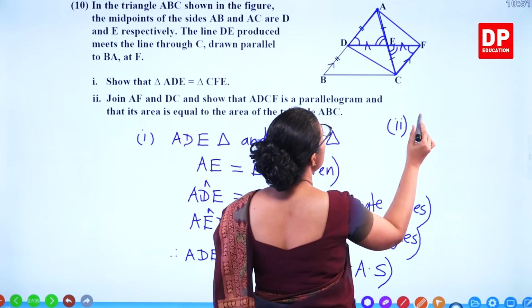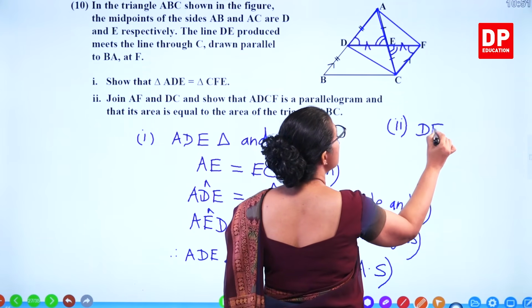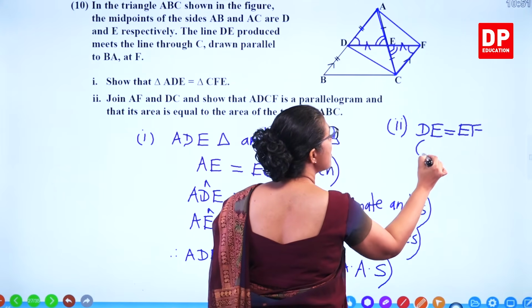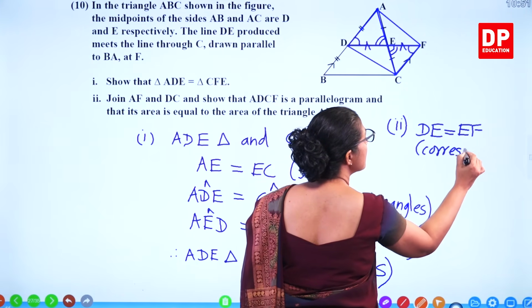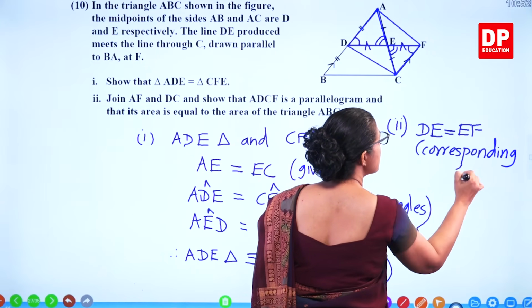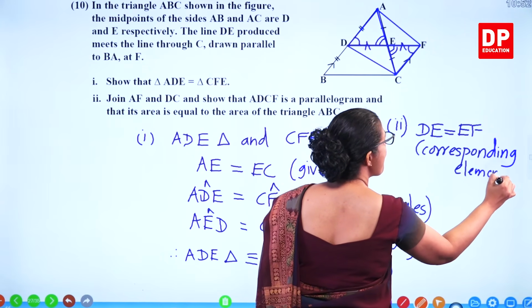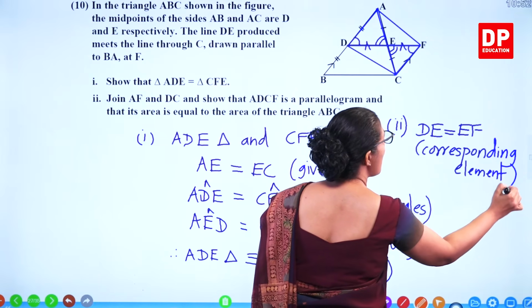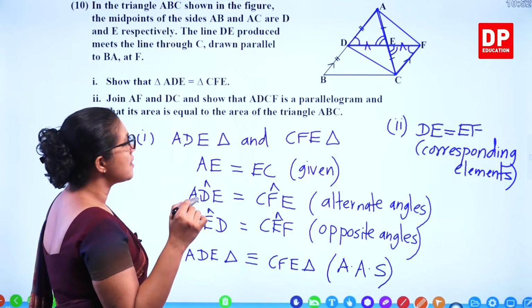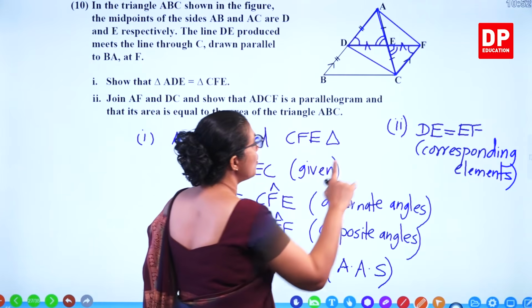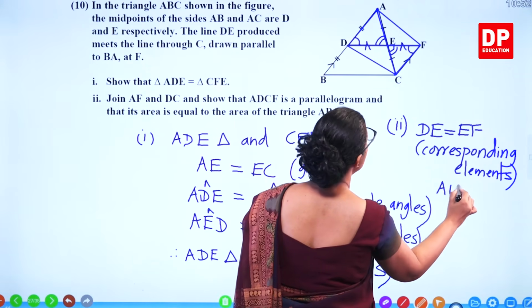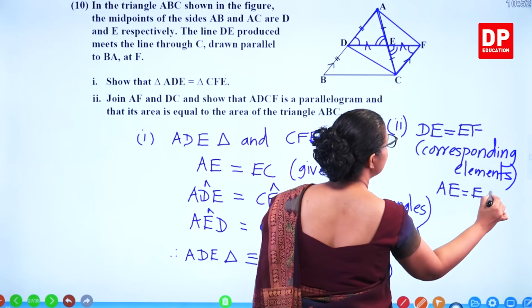So we can say DE is equal to EF. That means corresponding elements are equal because of the previous part. As well as we know AE is equal to EC.